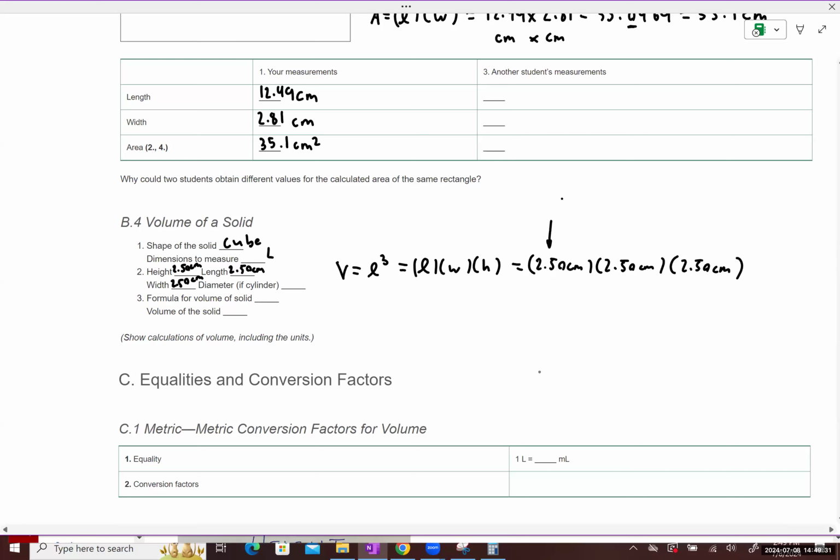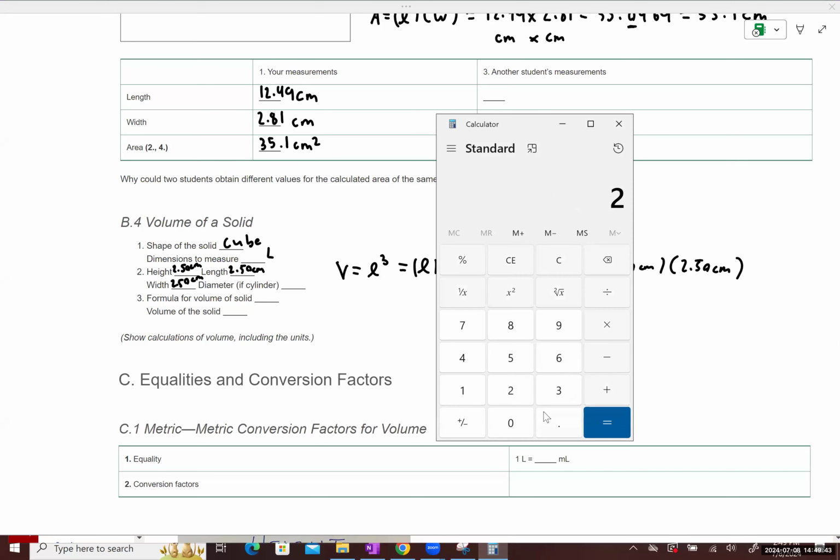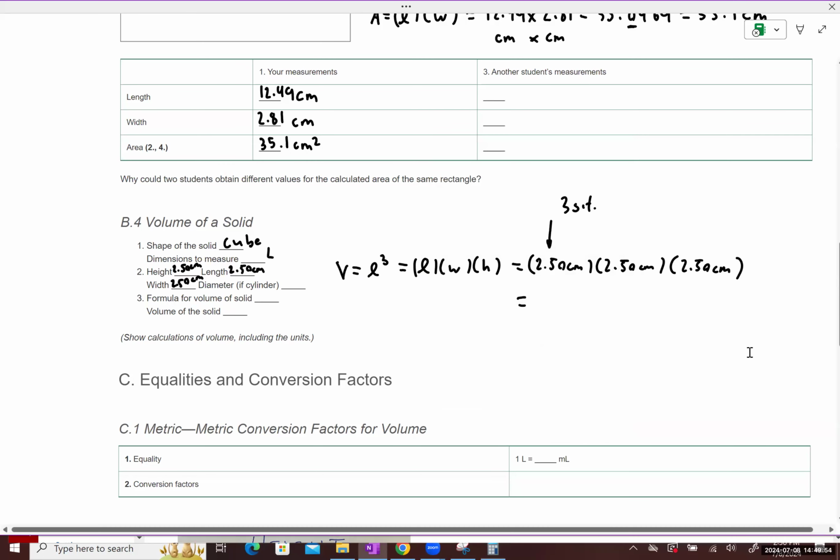We see that our input has 3 significant figures. So our final value, we would expect to be reported with 3 significant figures. So if we have 2.50 times 2.50 times 2.50, that gives us 15.625 centimeters cubed.